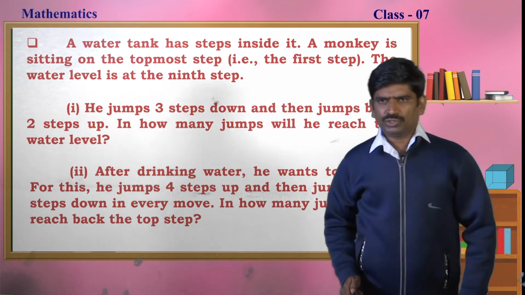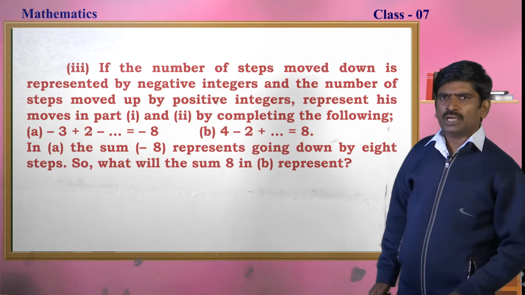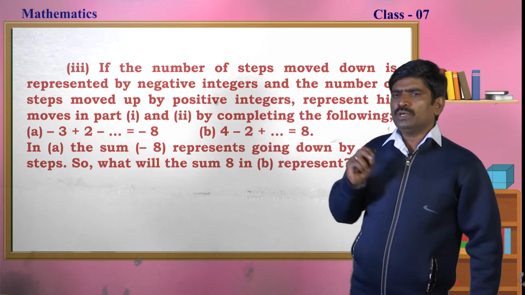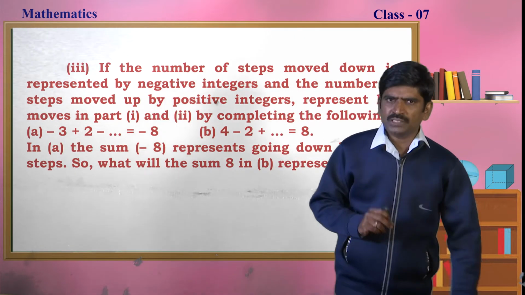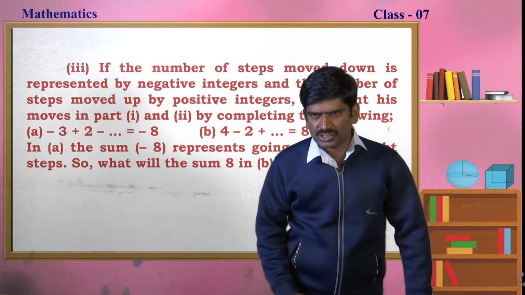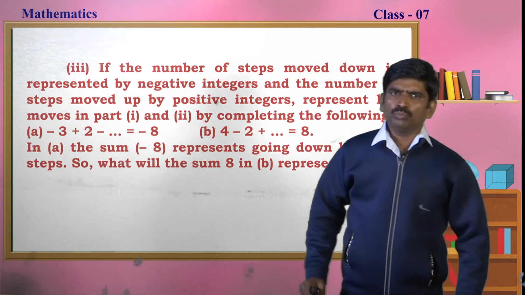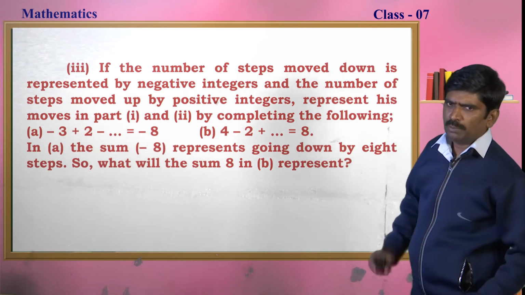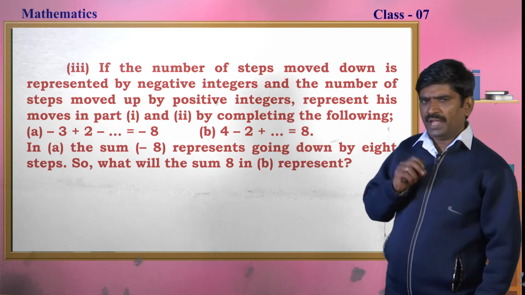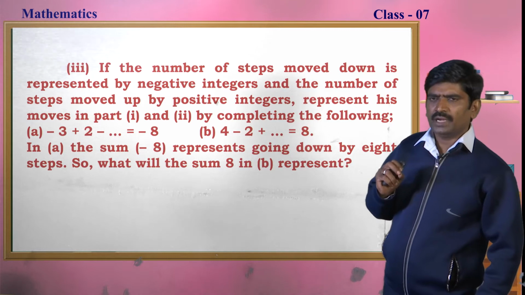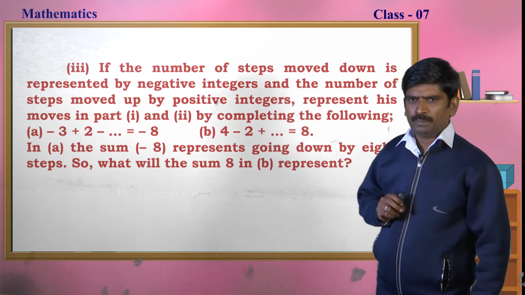Third question. If the number of steps moved down is represented by negative integers and the number of steps moved up by positive integers, then complete the following for the moves in part 1 and part 2. A: -3 + 2 - ... is equal to -8.